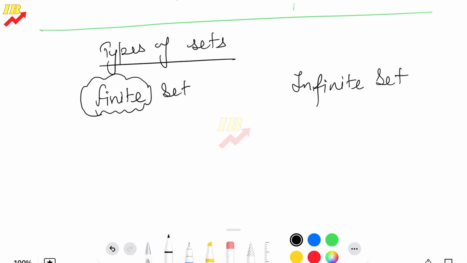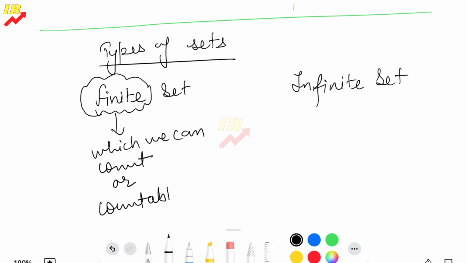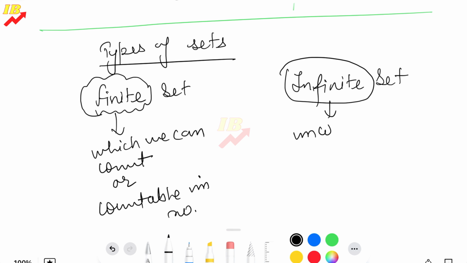Finite stands for numbers which we can count, or which are countable in number. And infinite says that these are uncountable and infinite in number.